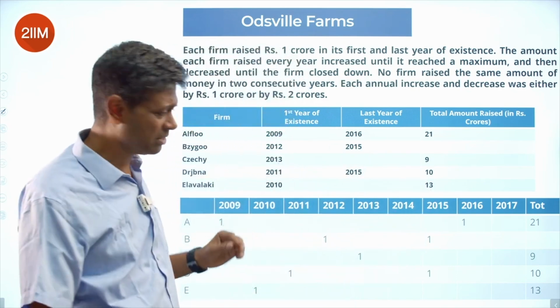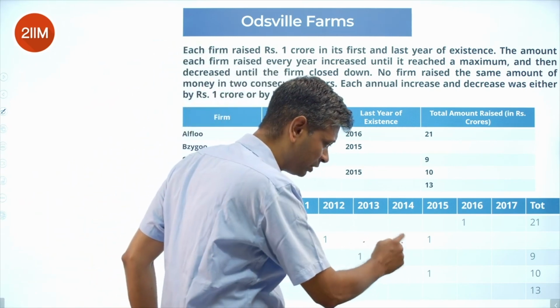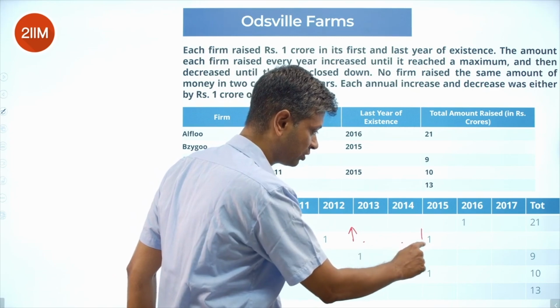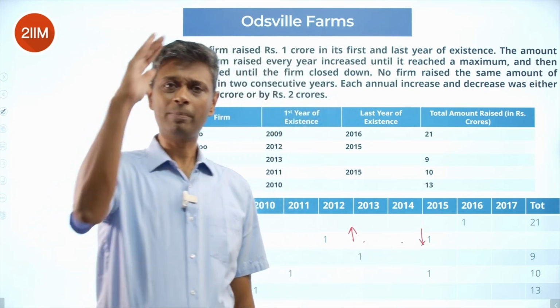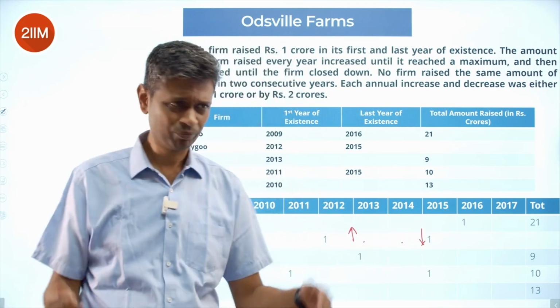Likewise here, the second one, B, is pretty clear. Fine. So either these 2 years are up and this year is down. This year is definitely up, 12 to 13. 14 to 15 is definitely down. Either up, up and down, or up, down, down. That's it, no other possibility.